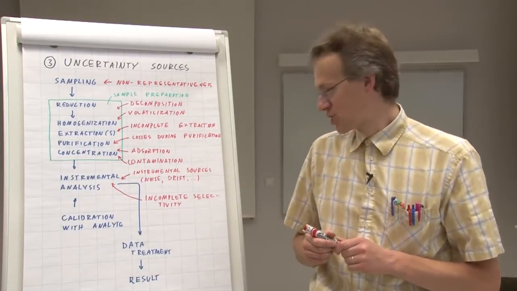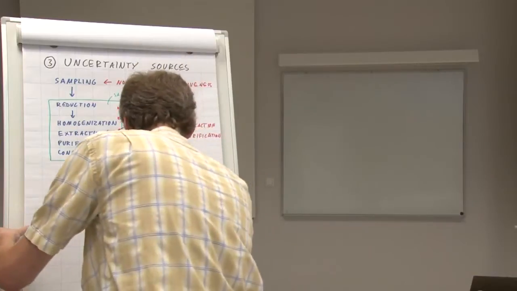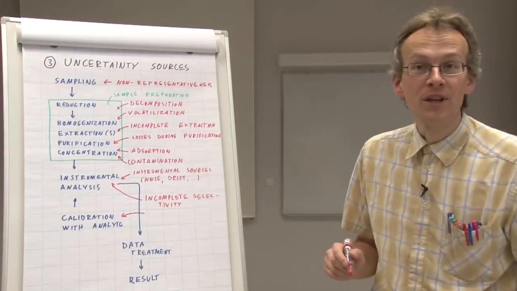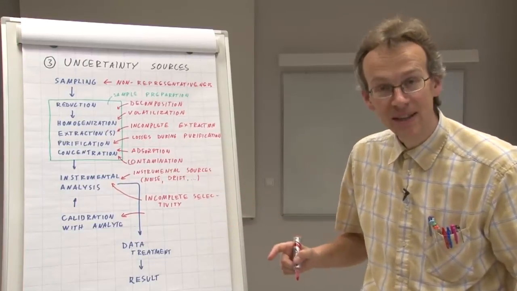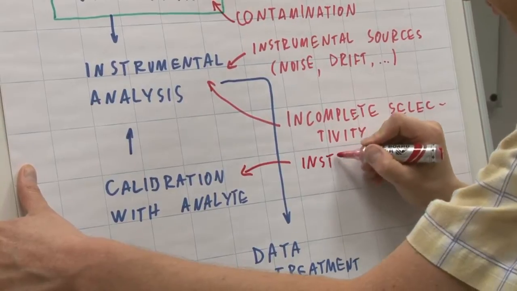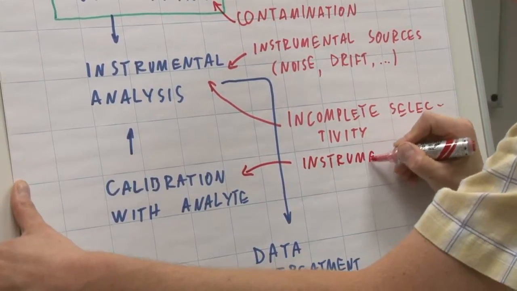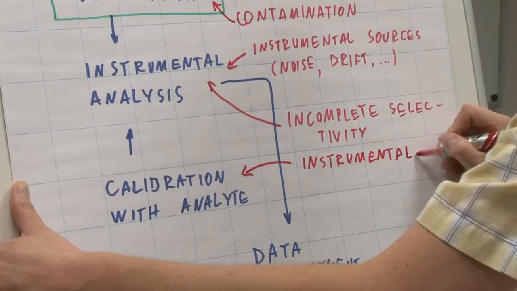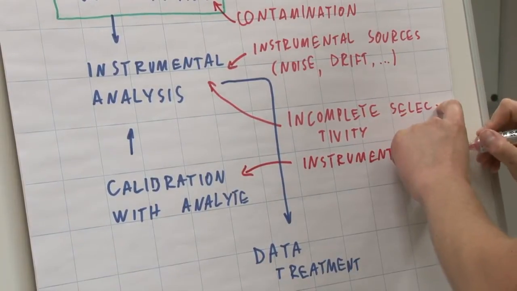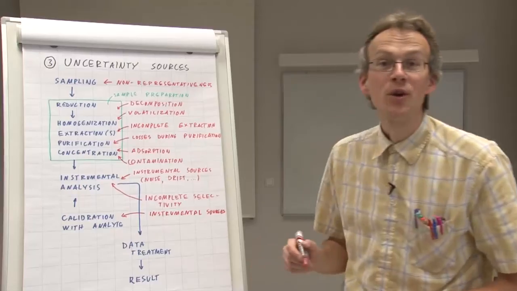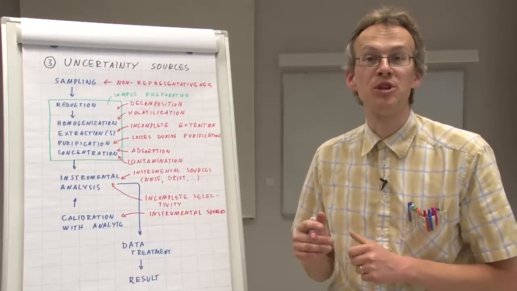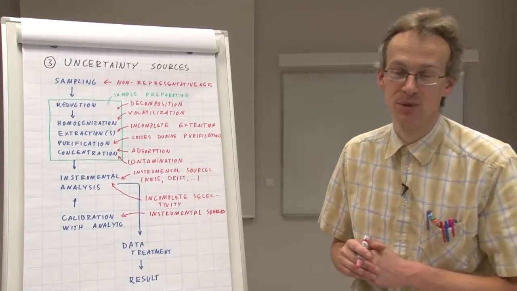Now, calibration. It is first of all influenced by all instrumental sources. And on the other hand, it is also influenced by the concentration and purity of the calibration materials.